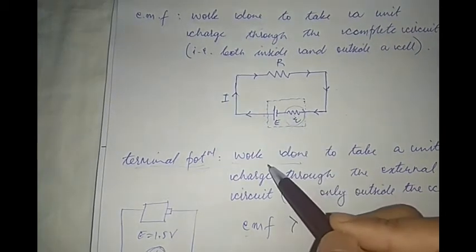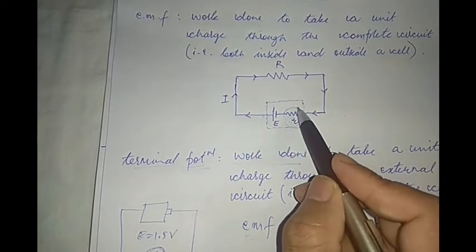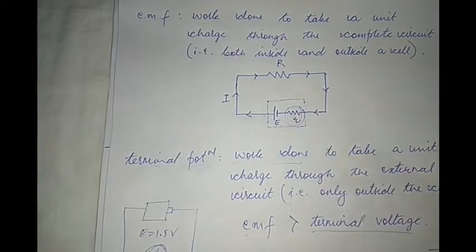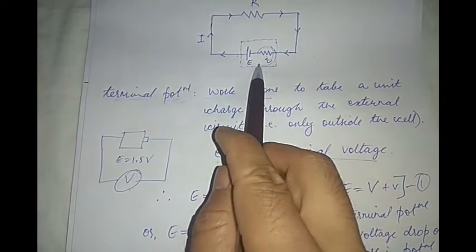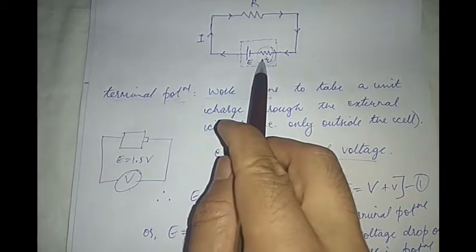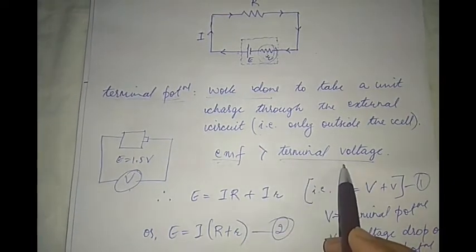So there is some loss of energy over here. That loss in energy is what is called voltage drop, or loss in potential. It is because of this voltage drop, loss in potential, loss in energy, that the EMF is always greater than terminal voltage.